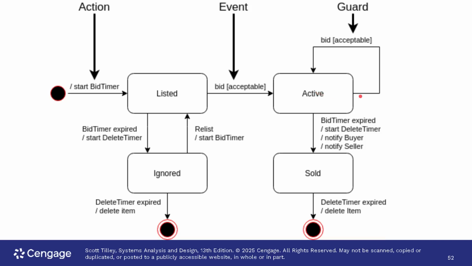Now what can happen? More bids come in that are acceptable. That would be based on some other process, and either get sold based on the timer expired, or the buyer has hit the buy now. That could be another possible, depending on your type of bidding. And other things that happen is you notify the buyer and seller, and you enter the state of sold.